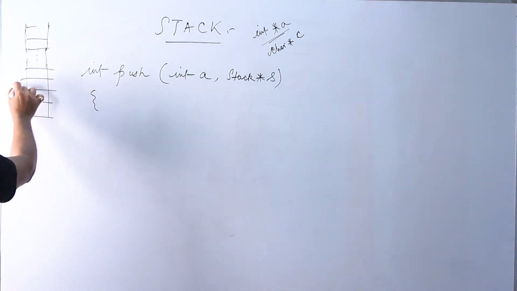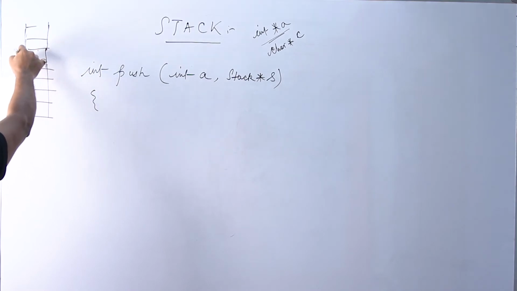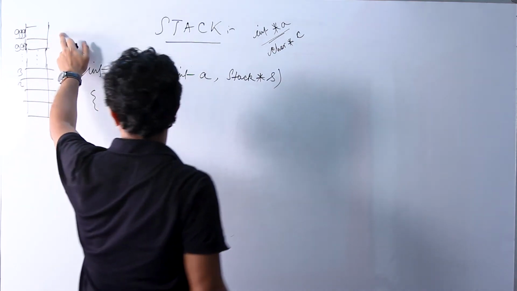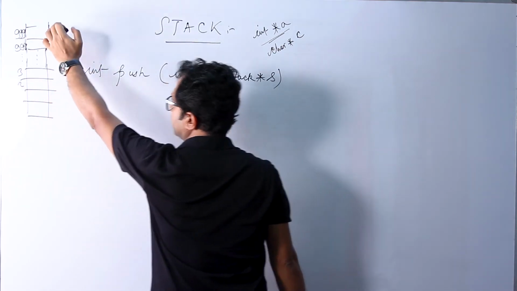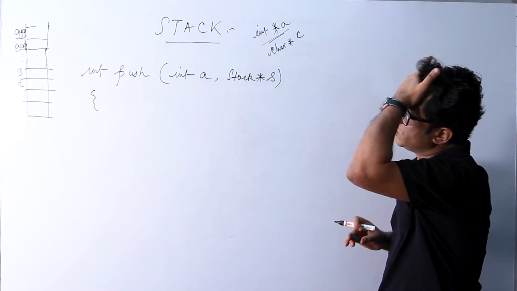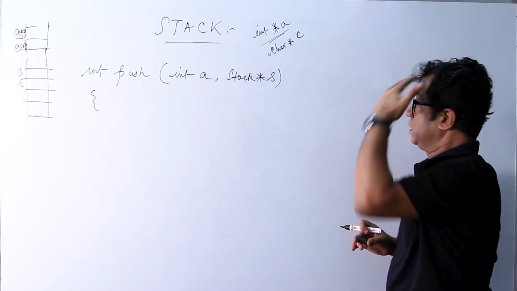So 0, 1, 2, 3, this is a break over here, that means there are many other positions in between. So this will be 998 and this will be 999. So this is the topmost position which we can achieve in this stack, because it is a static memory allocation, that is, we are using array over here.